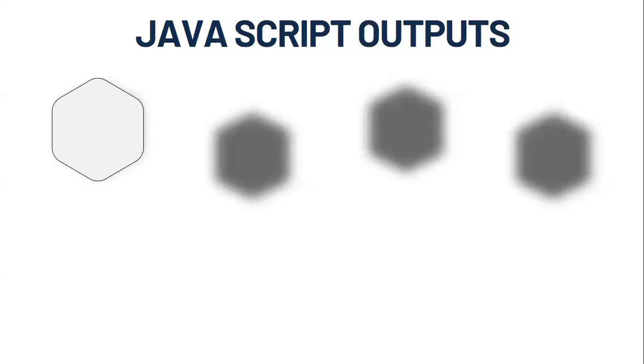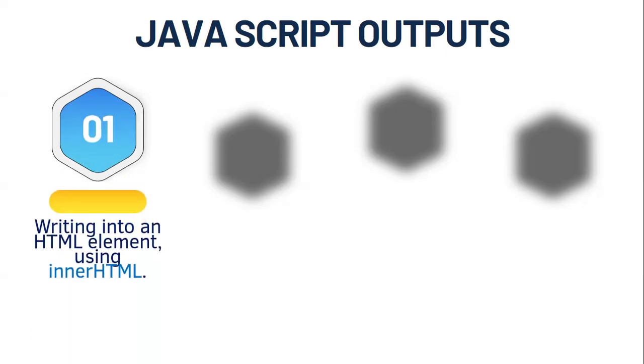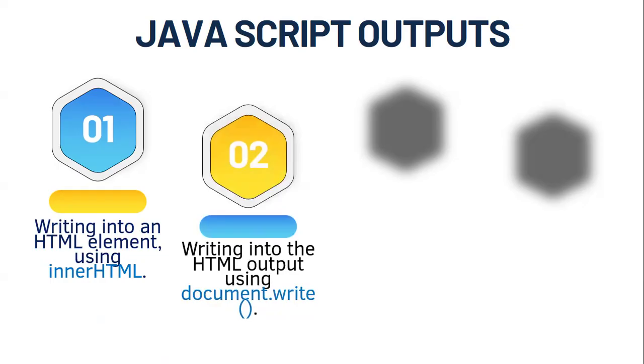JavaScript outputs, right? One is innerHTML, a way to display content on the screen. Now the second way is document.write. In C programming there are different ways, like puts, gets, printf, getchar, putchar, to display values on the screen.